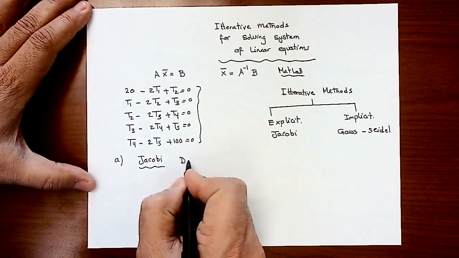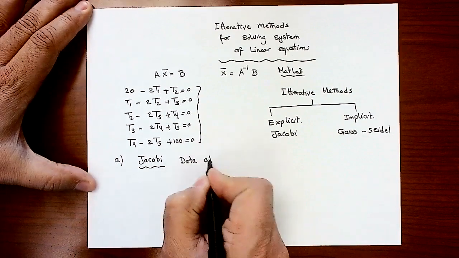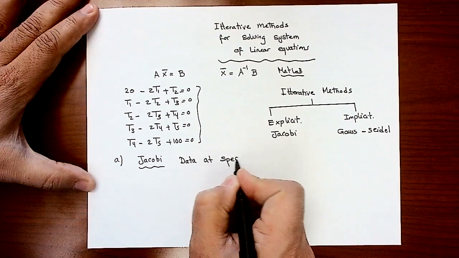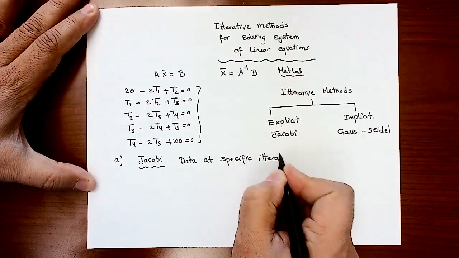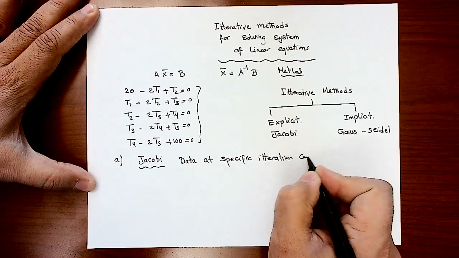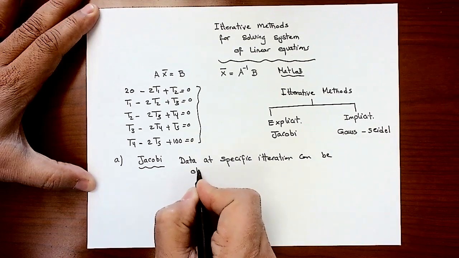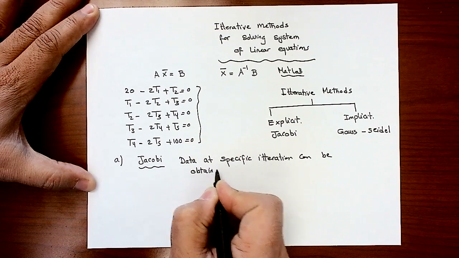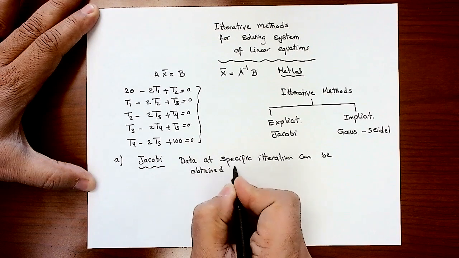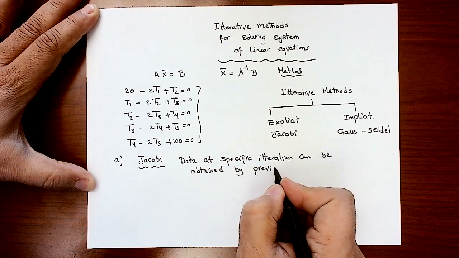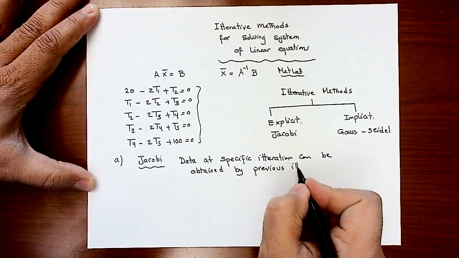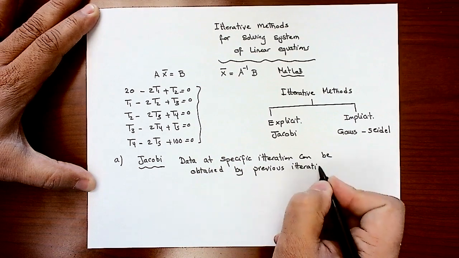So data at a specific iteration can be obtained by the previous iteration results.